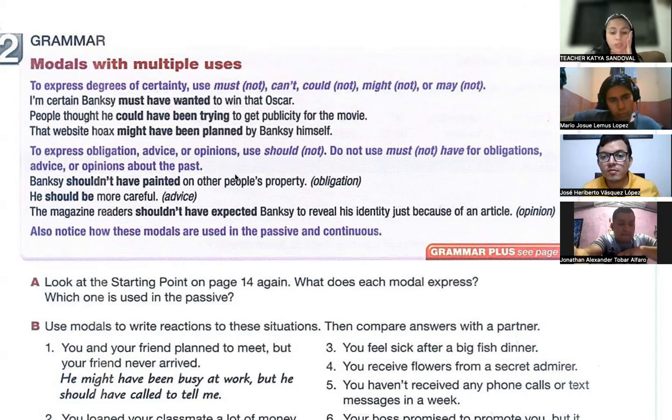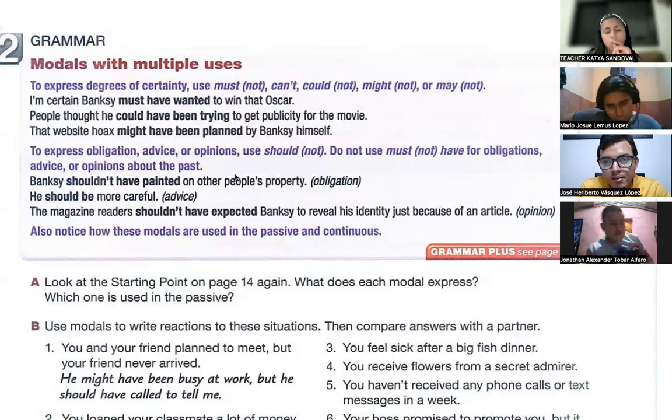In my case, I wrote I should be more friendly.